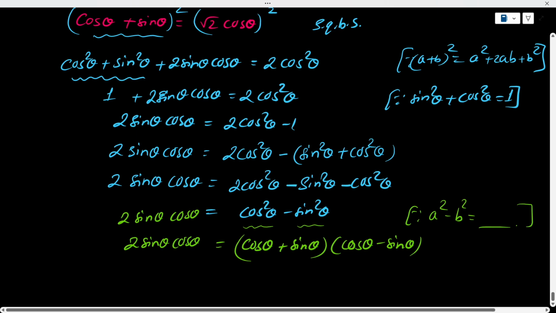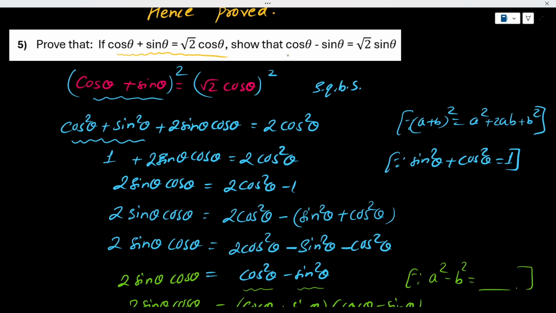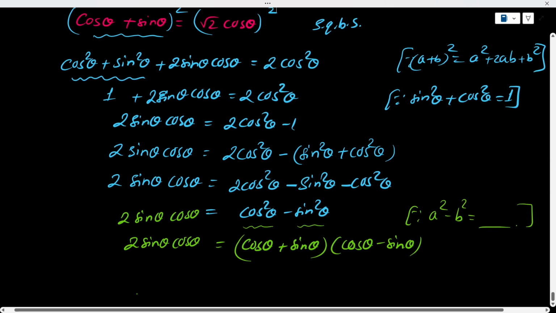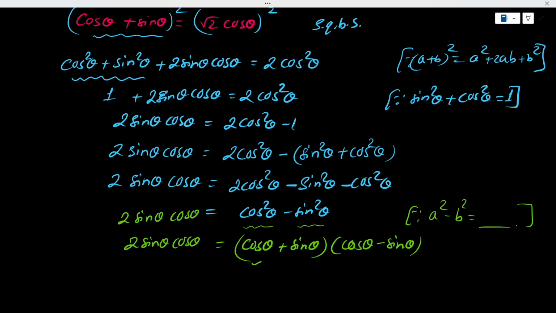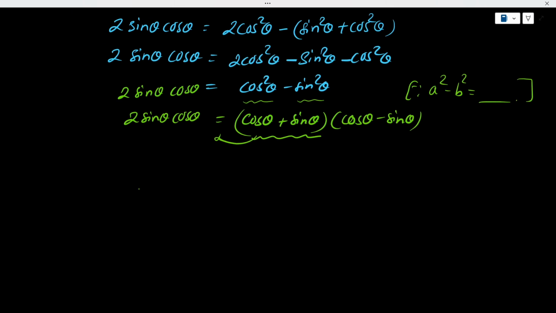Now if you see in your proving part, we need this value only, cos theta minus sin theta. So I'll transpose the other value to the left hand side. It will become a denominator because it's a multiplier, it will become a divisor. So 2 sin theta cos theta by cos theta plus sin theta, and on the right hand side we are left with cos theta minus sin theta.